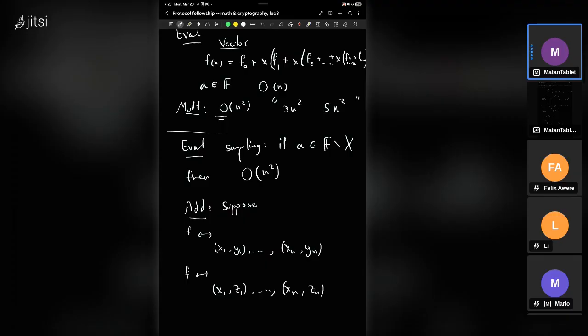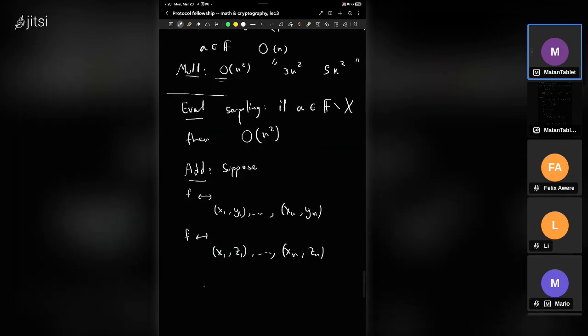Then, if you want the sampling representation of f plus g, then you can simply do x1, y1 plus z1, up to xn, yn plus zn, and I claim that this is going to be the sampling representation of f plus g.